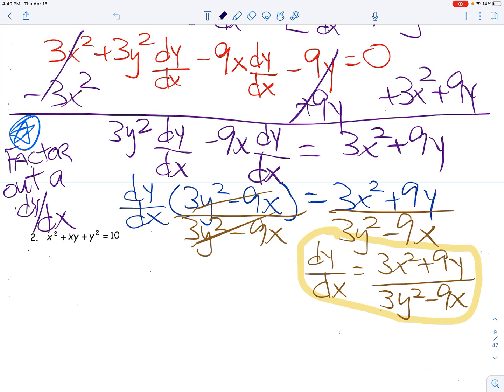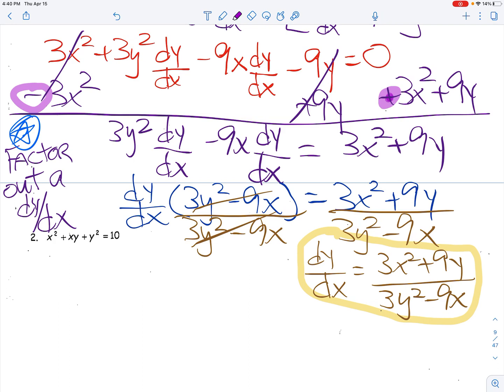I was informed by somebody that I made a little boo-boo with this last question that we did the other day. The mistake occurred right here, people.